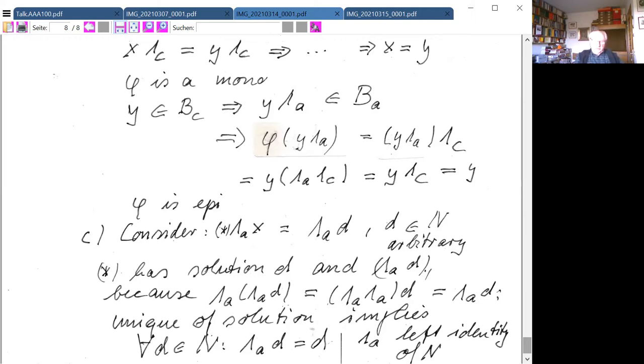Assume y is in B_C, then y·1_A is in B_A, and y·1_A is 1_A·1_C, and because of what we have above, this is 1_C, and this is y, so it's an epimorphism, and this means it's an isomorphism.